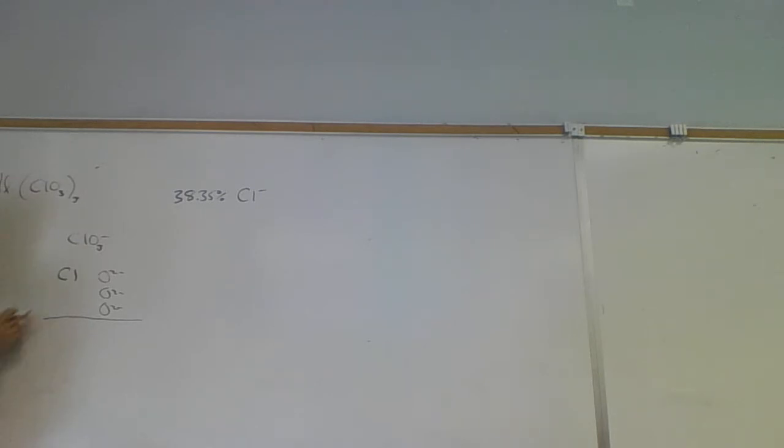Plus 7? So plus 7 minus 6 gives us plus 1. It's got to be plus 5. Well, it's not really like a plus 5 cation, and so sometimes we'll use a Roman numeral there, to indicate that. Do you think chlorine is all that happy being in the plus 5 state?